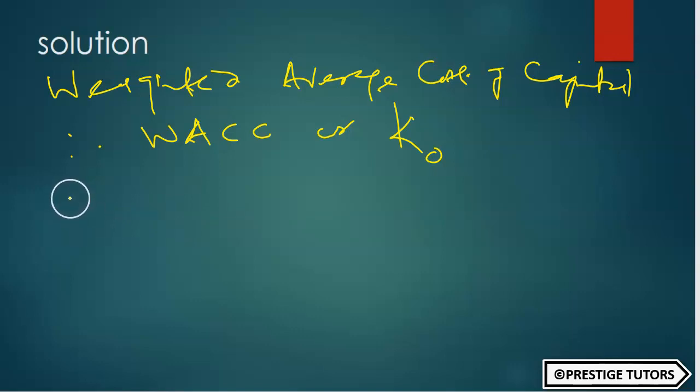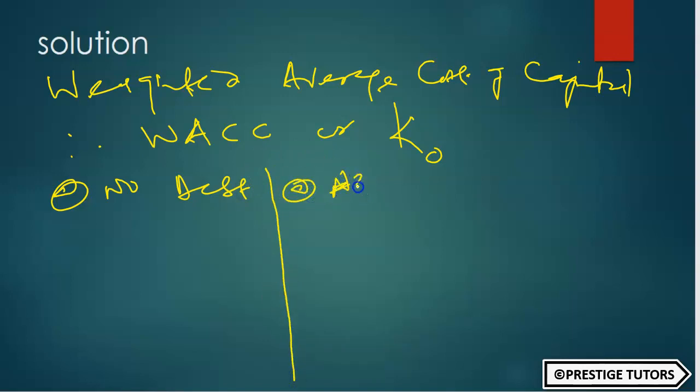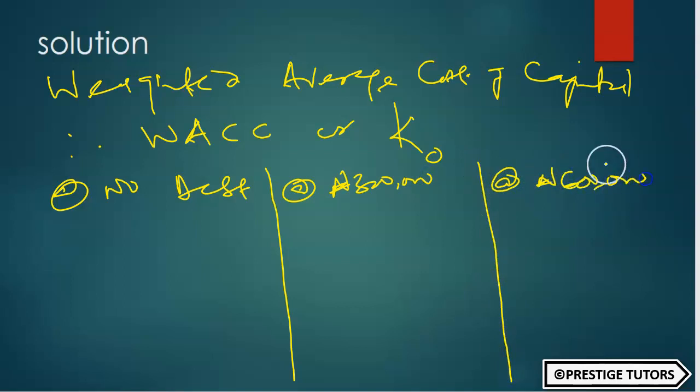Now let's test it out. At no debt, at 300,000 naira debt, then at 600,000 naira debt, how do we get the value of the firm?